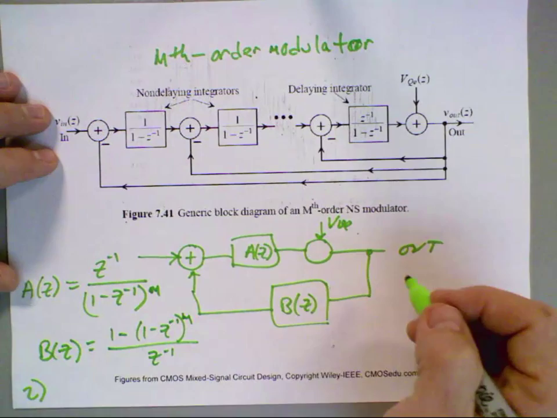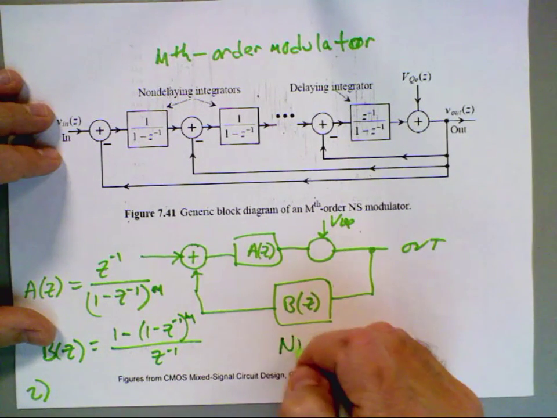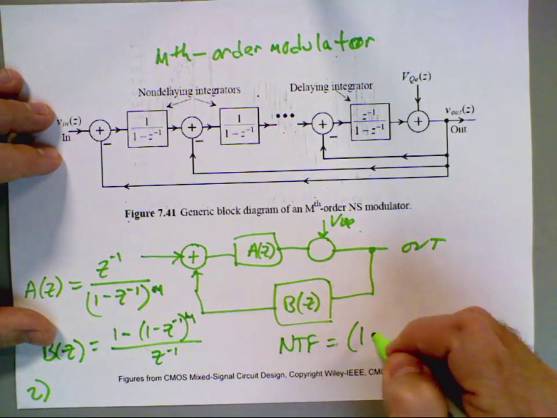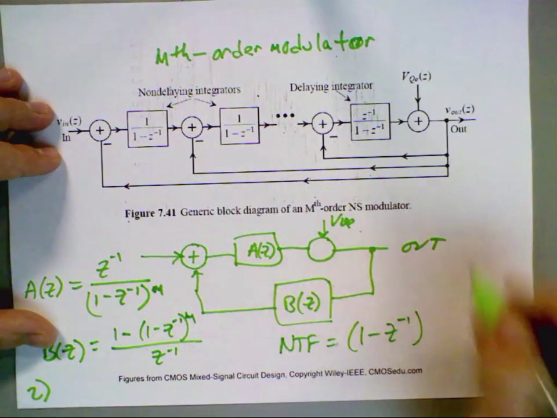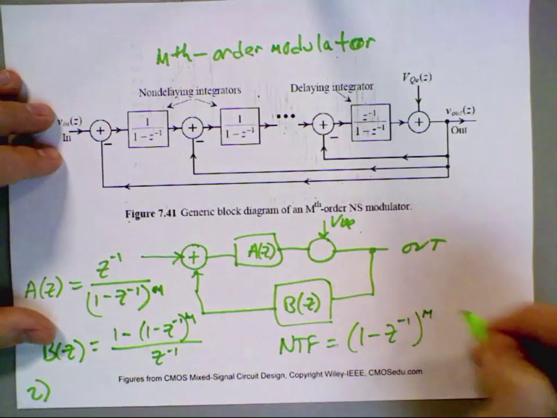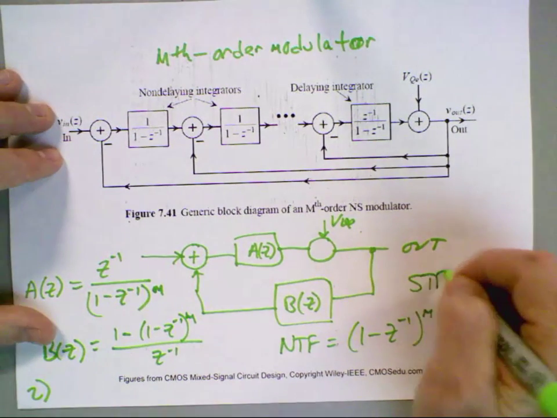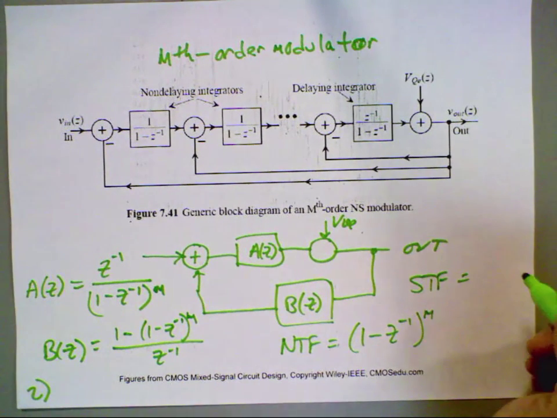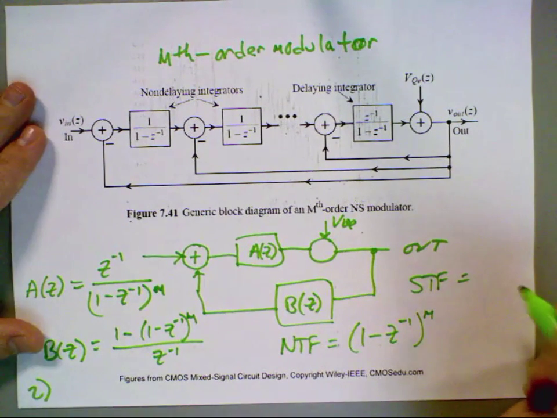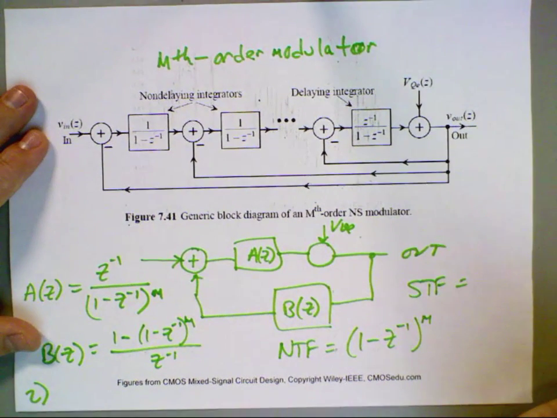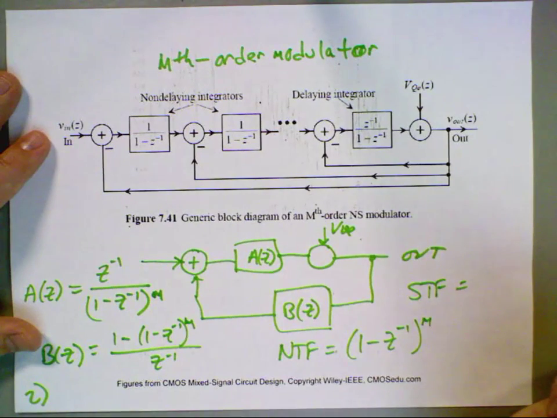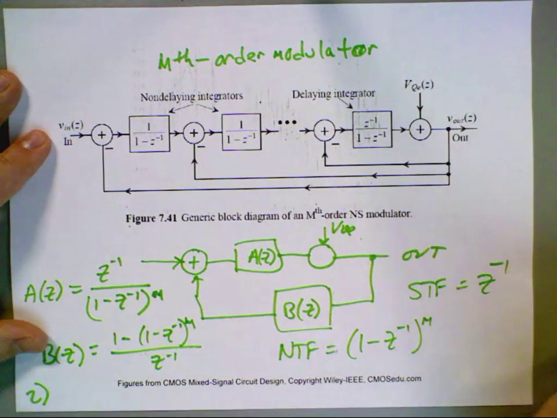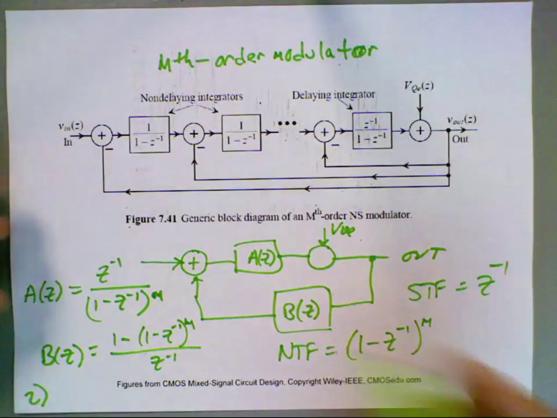And so this gives us a noise transfer function of 1 minus Z to the minus 1 to the mth power, and a signal transfer function of what? Z to the minus 1 delay. Same as we've had in the last two.